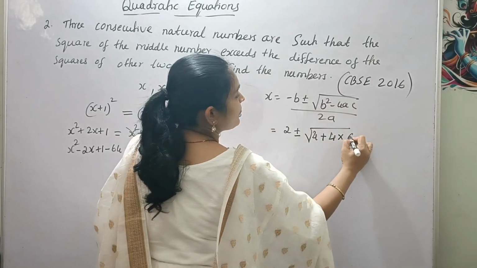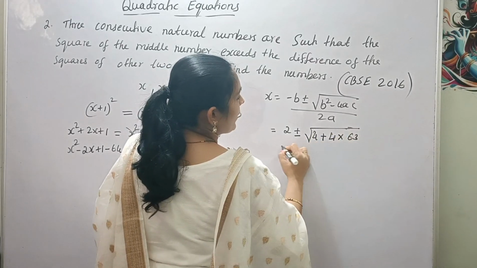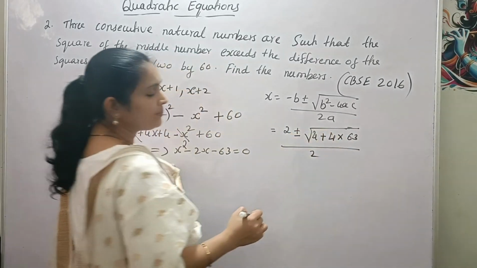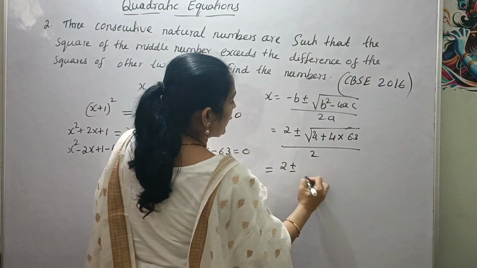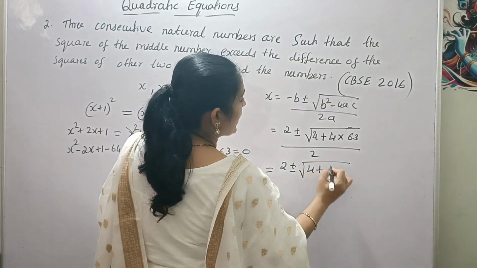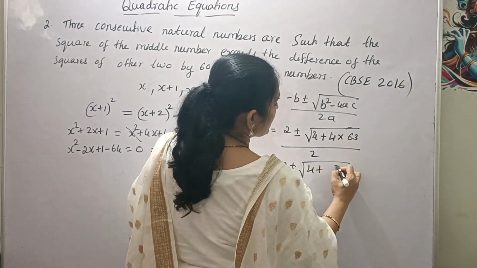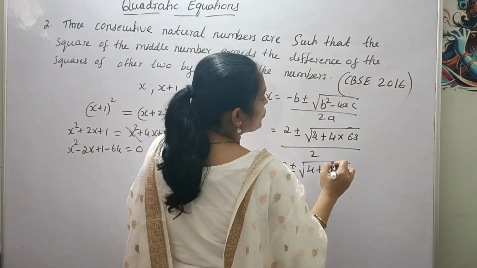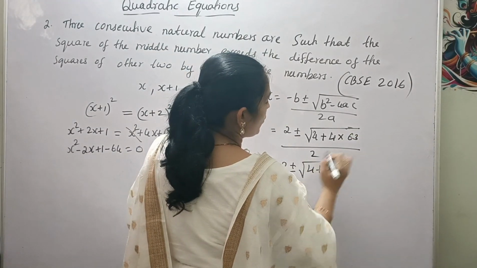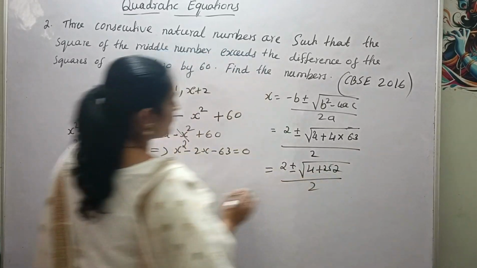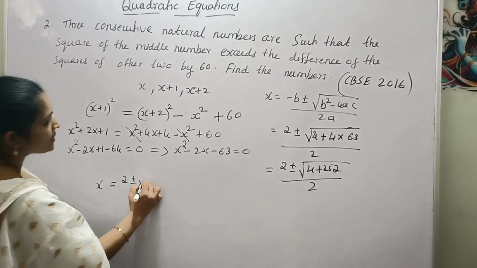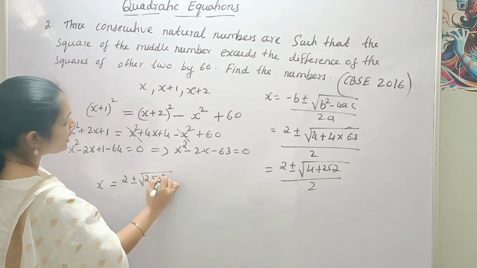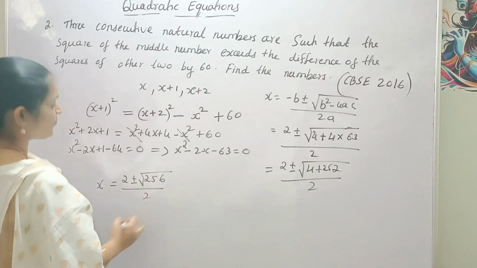So this will be plus 63, divided by 2 into a, that is 2 into 1. That is equal to 2 plus or minus root of 4 plus, 4 3s are 12, 4 6s are 24, 256. Okay. Divided by 2. That is x is equal to 2 plus or minus root of 256 divided by 2.